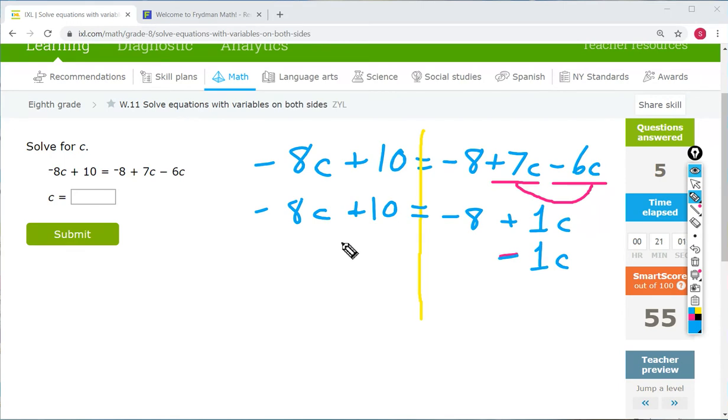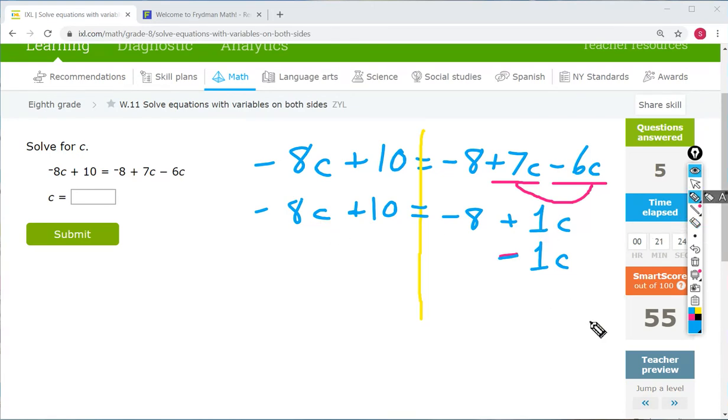Now think, where am I going to put the minus 1c? Am I going to put it under this term, or am I going to put it under this term? The answer is I'm going to put it under this term because this term has a c and this term has a c. Okay? That's very, very important.